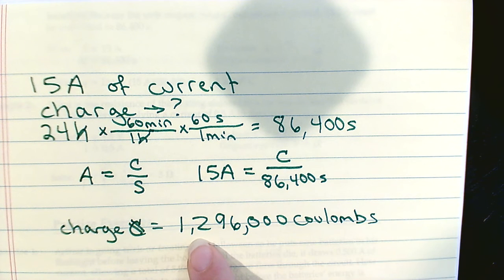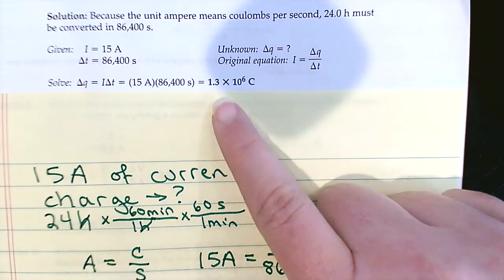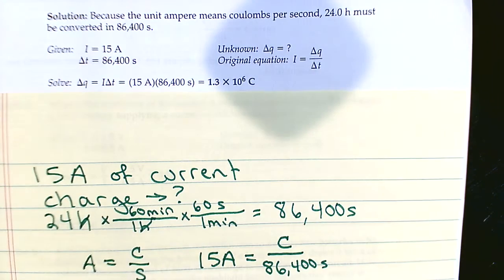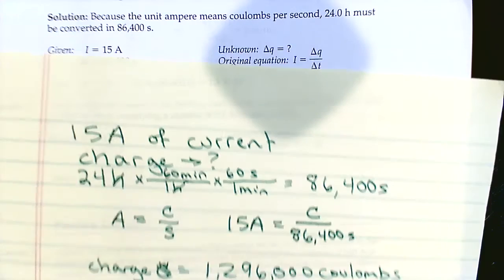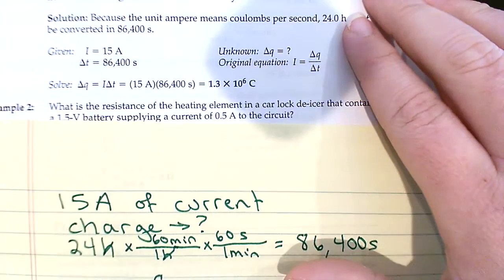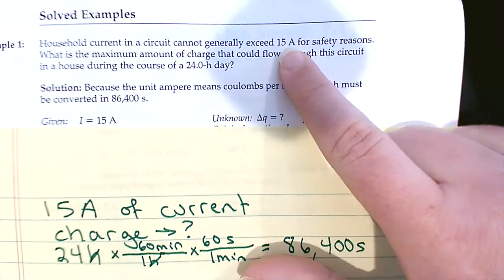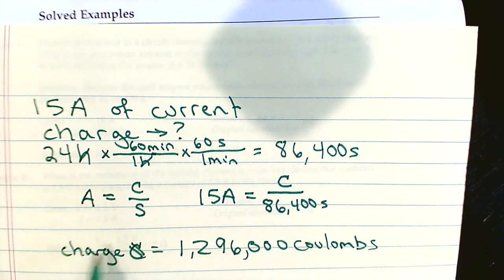So let's see if our answer agrees with theirs. So we got 1,296,000 coulombs. They got 1.3 times 10 to the 6 coulombs. That's basically the same. If I rewrote this in scientific notation, I would keep two significant figures, because that is 1.5. It's the same answer, right?